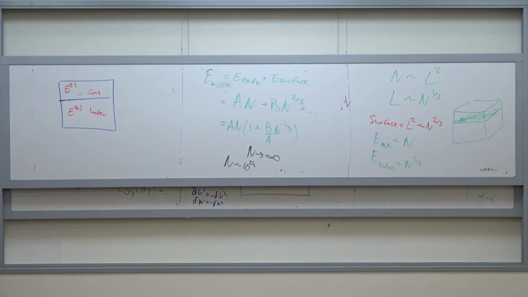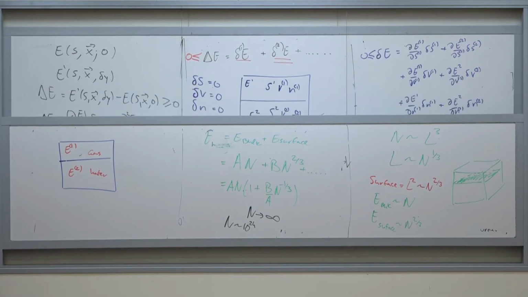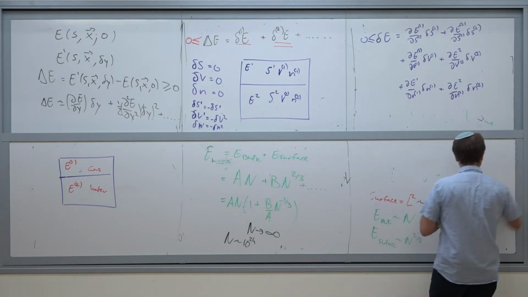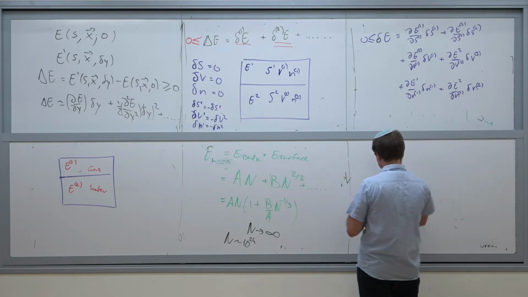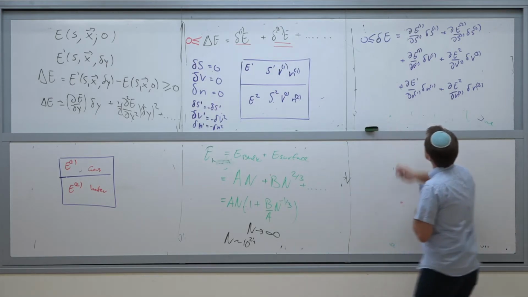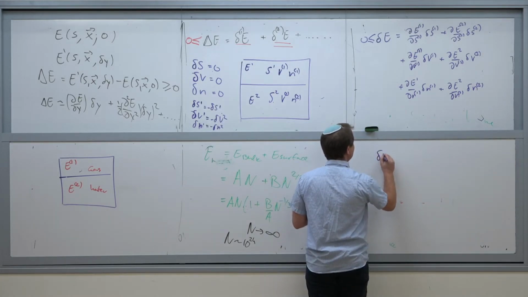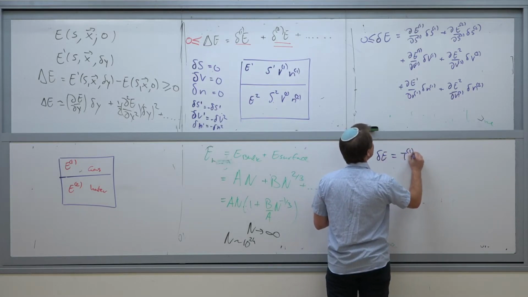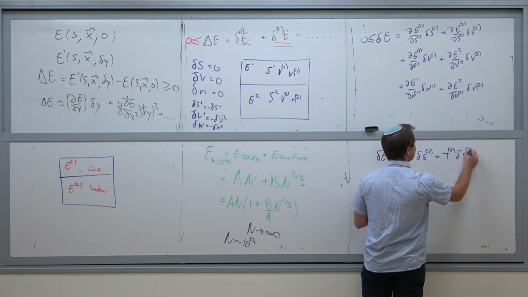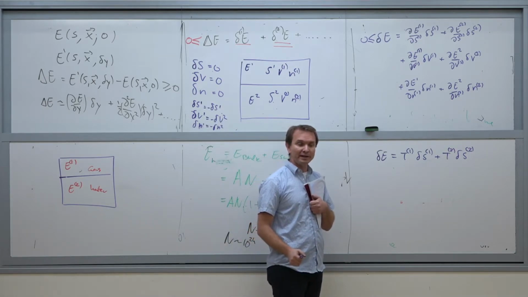Now all of those partial derivatives I already know. What is dE/dS? T. Okay. So my delta E equals T1 delta S1 plus T2 delta S2. Okay, this is the first one. dE/dV is minus P, right?